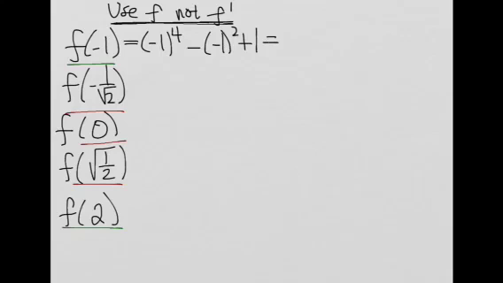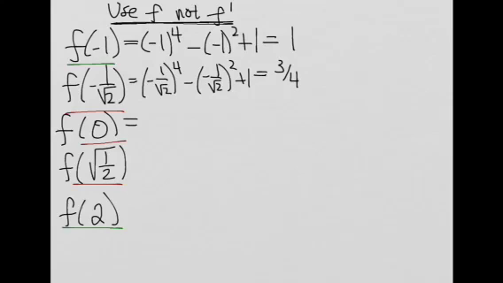If I plug in -1, it looks like I'm going to get 1. If I do negative 1 over the square root of 2 to the 4th minus negative 1 over square root of 2 squared plus 1, that looks like it's going to be 3/4. If I plug in 0, it looks like I'm going to get 1. 1/2 will give me 3/4.